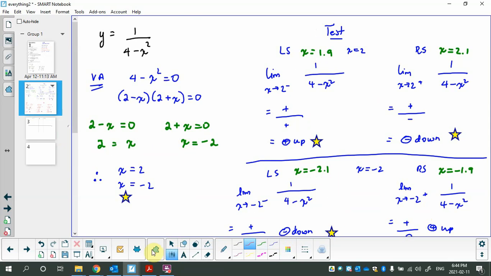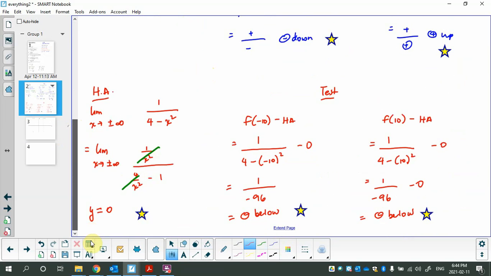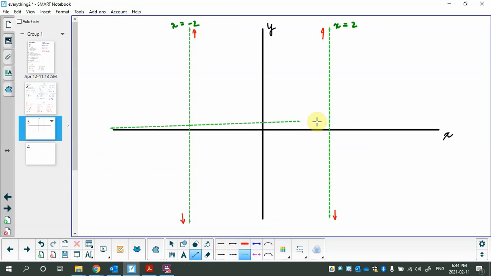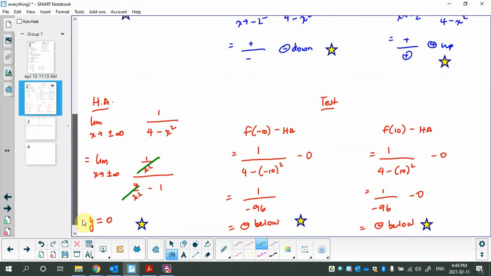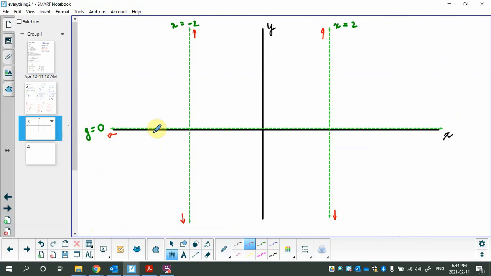Down, up. Horizontal, y = 0, which means it's right on the x-axis. So I'm going to put it just barely visible, definitely with a label. And again, I did left on the left and right on the right, but it really doesn't matter because below is pretty impossible for me to screw up, I would think.